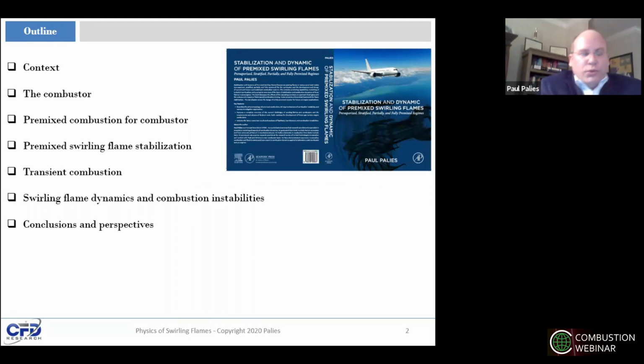We will go through the combustor. We'll look at premixed combustion for combustors, what it would be to have a fully premixed combustion system. Then we will look at premixed swirling flame stabilization. We'll look at transient combustion. I will discuss swirling flame dynamics and combustion instabilities. And finally, some conclusions and perspectives will be presented.